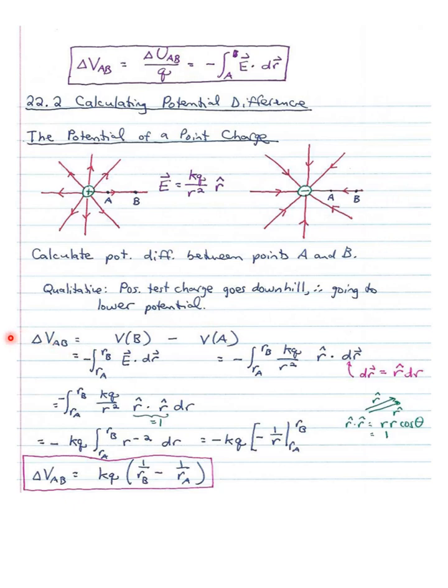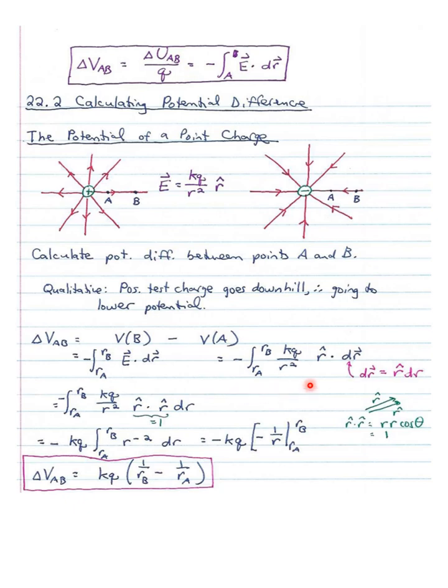All right, so let's think about the potential difference between A and B. That's the voltage at B minus the voltage at A, and that equals, as we see in the equation at the very top of the page, the negative integral from, we'll say, these distances, r_A to r_B, of E dotted with dr. And the electric field from a point charge, we've seen earlier, is kq over r squared.